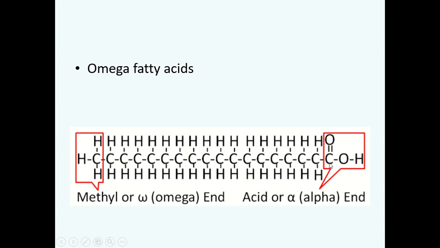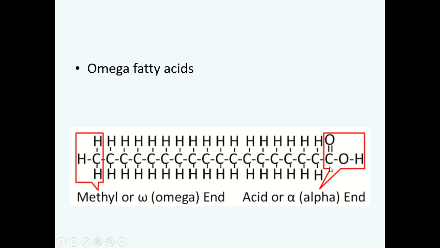Carbon number 1 is sometimes also called the alpha carbon because it contains the carboxyl functional group. The standard method of numbering the carbons is from the carboxyl group.